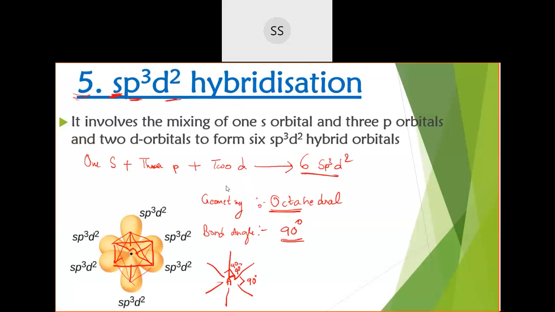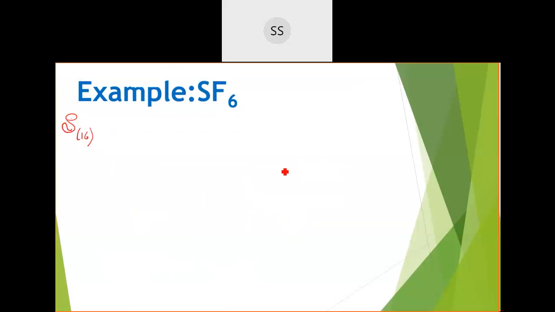So we will start with the electronic configuration. Atomic number is 16, and the ground state electronic configuration we will write first.